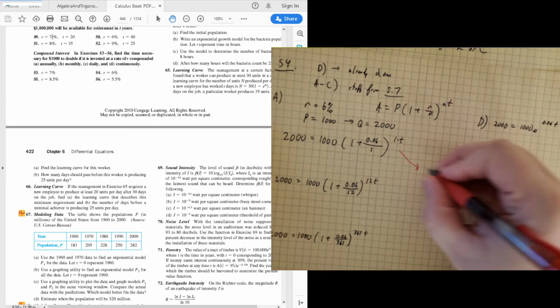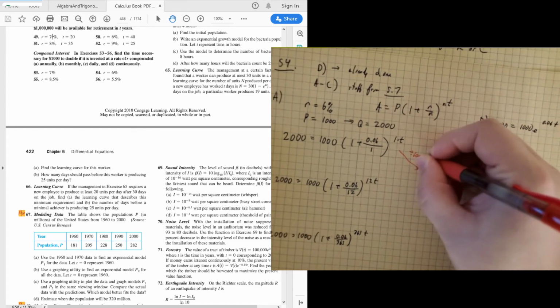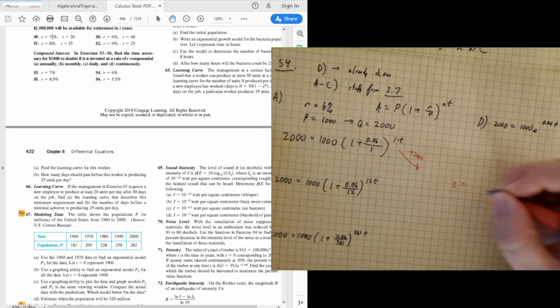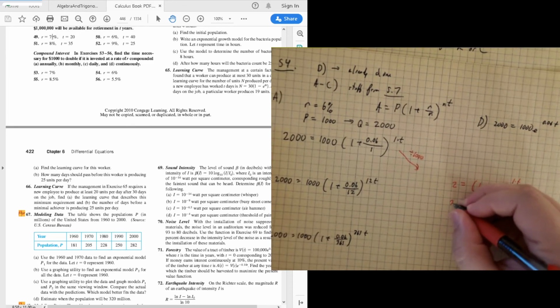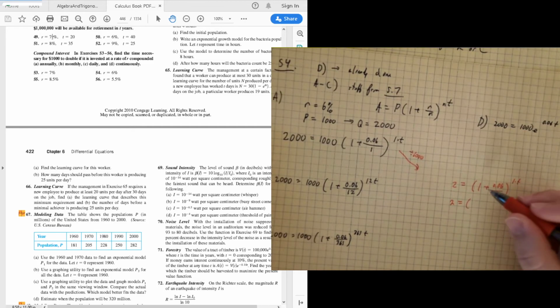I divide both sides by 1,000, so I end up with 2 equals 1 plus 0.06 over 1, all to the 1 times t. Before I go any farther, I'm going to simplify some things. 0.06 over 1 is just 0.06, and 1 plus that should be 1.06. You don't have to do this math, but I'm choosing to. 1 times t should just be t.